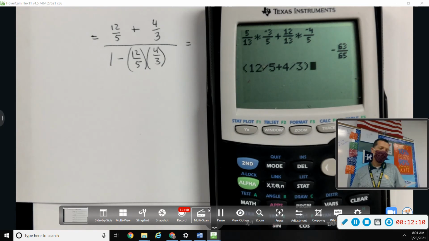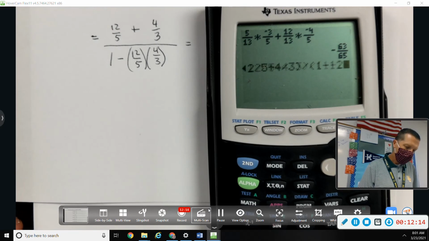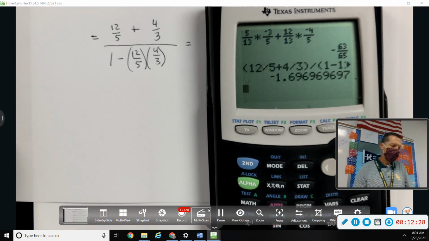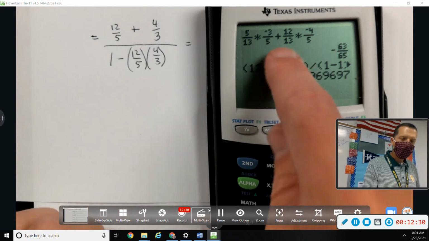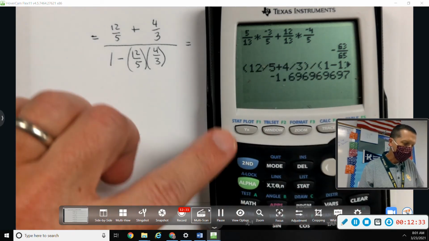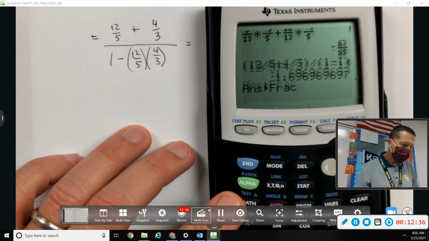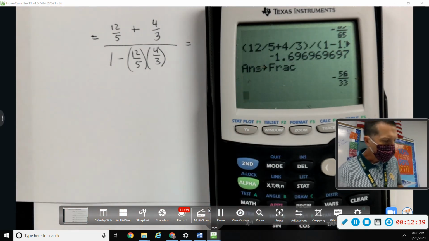Put parentheses in the right spot. If that looks funny to you, and if you don't know how to put parentheses in the right place or handle the fractions like that, then you can do it with the fraction bars, and it does look cleaner. It just takes longer. Math frac, -56 over 33.